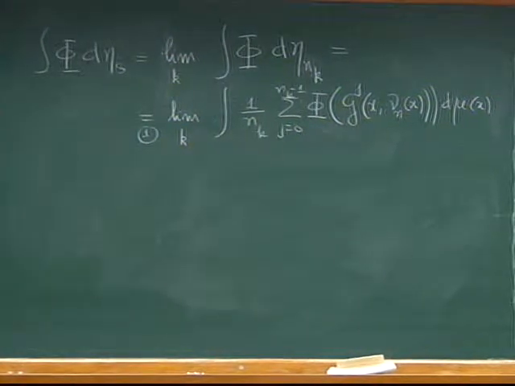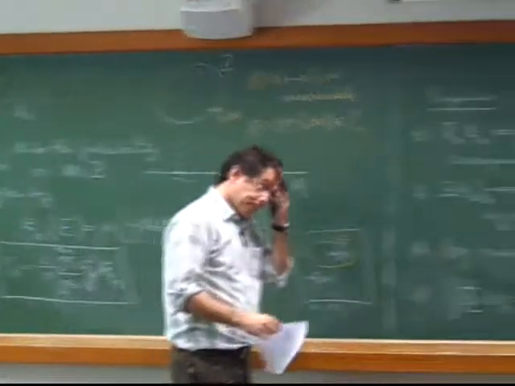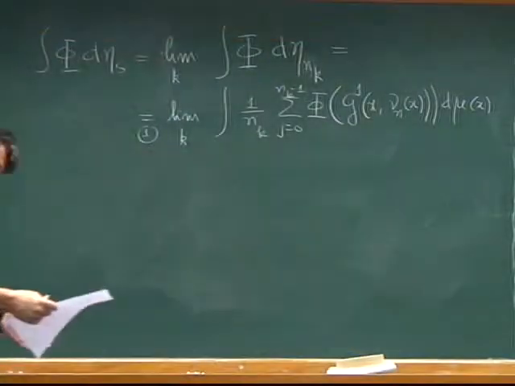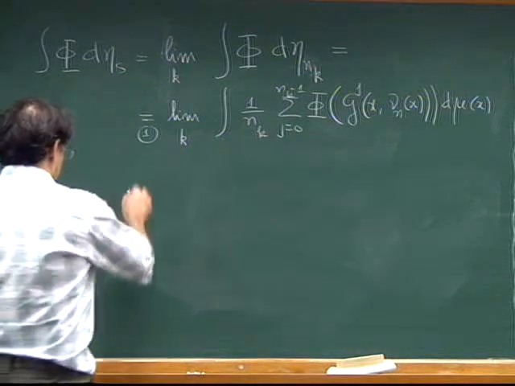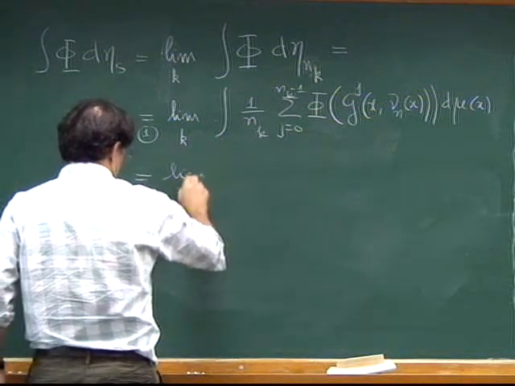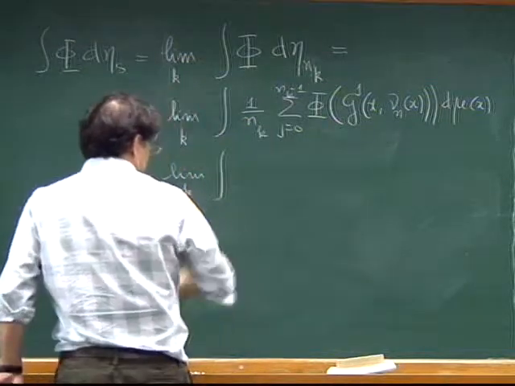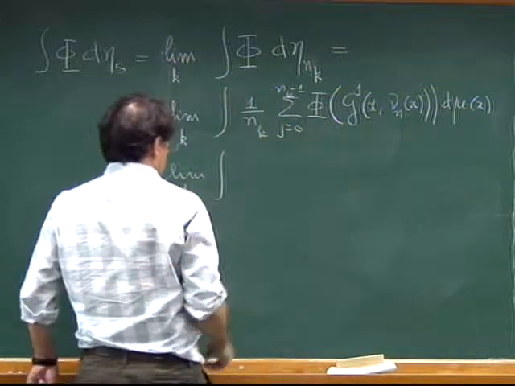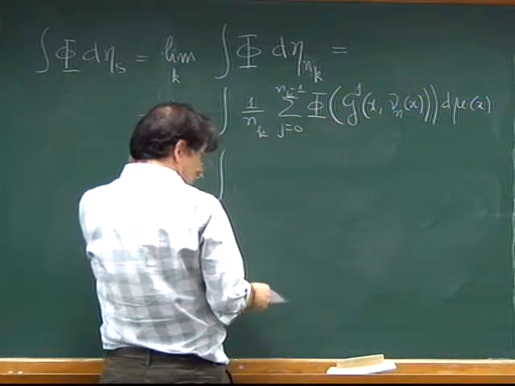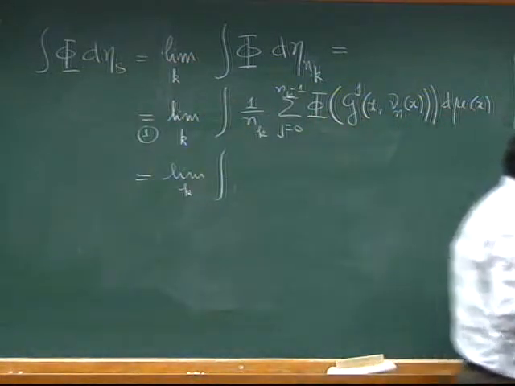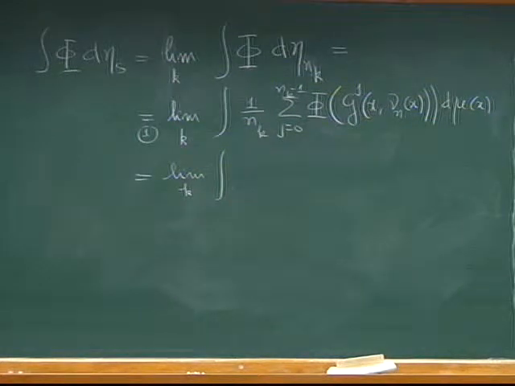Just substituting the formula for eta n. And this, what is this here? What does it mean to say that x nu n of x is in gamma?